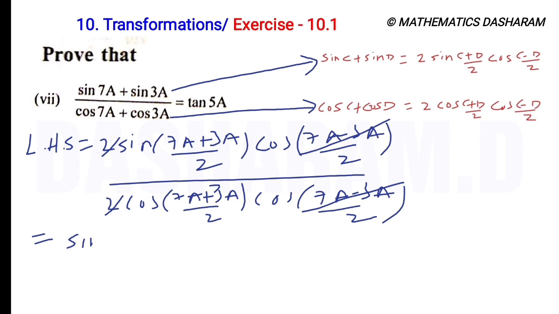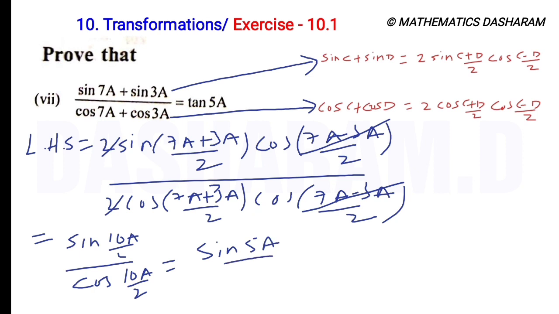Next, sin (7A plus 3A)/2, that is 10A by 2, divided by cos 10A by 2. So sin 10A by 2 is sin 5A and cos 10A by 2 is cos 5A. So sin by cos equals tan 5A, which is equal to RHS.